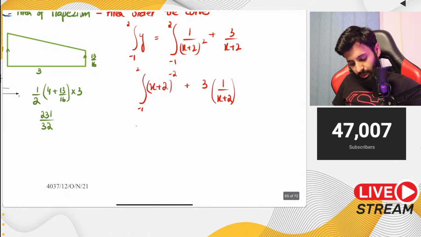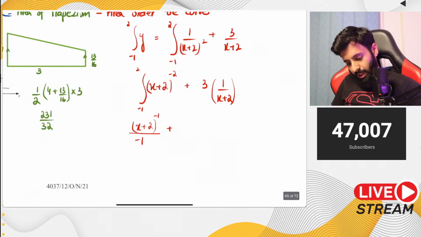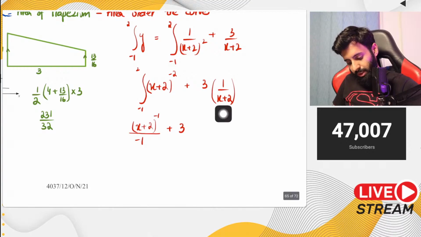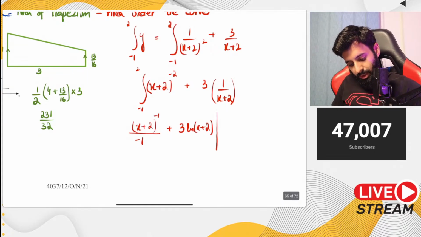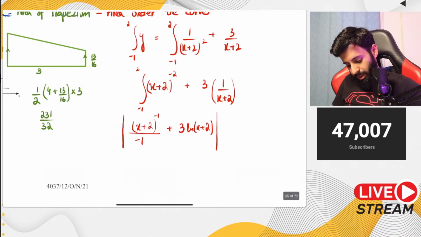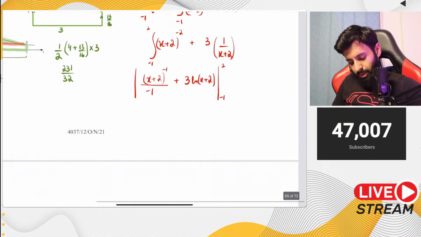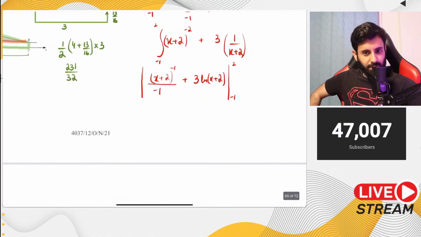So (x plus 2) to the power minus 2 plus 1, which is going to be minus 1, divided by the new power, which is minus 1, plus 3. Now how would you integrate 1 upon (x plus 2)? That's just going to be ln (x plus 2). Okay, and don't forget that the limits that you're going to plug in are basically 2 and minus 1. Now my suggestion would be that before you plug in the limits, you just write it nicely.